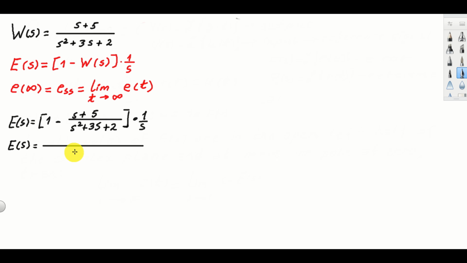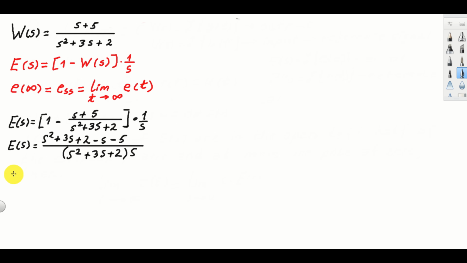Furthermore, let's arrange everything over a common denominator. In the denominator, we will have s multiplied by (s squared plus 3s plus 2), and in the numerator, we will have s squared plus 3s plus 2 minus s minus 5.